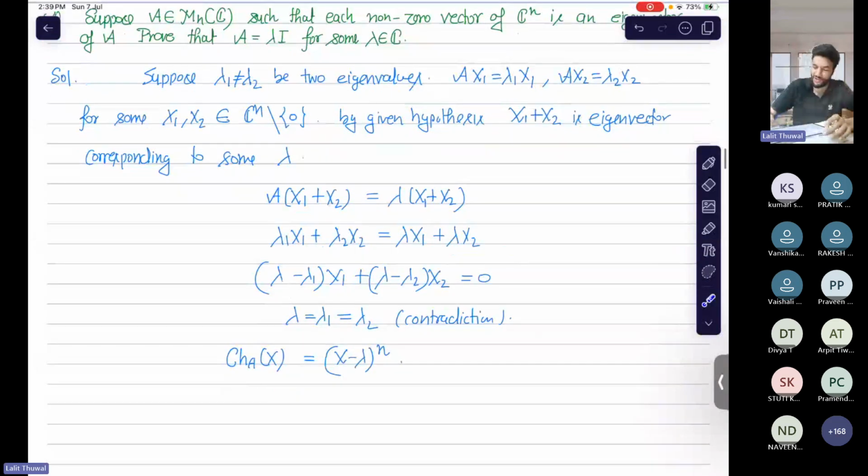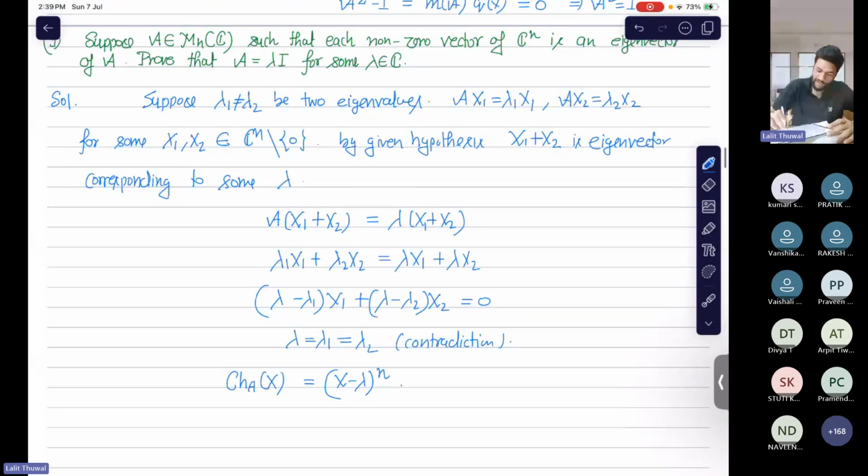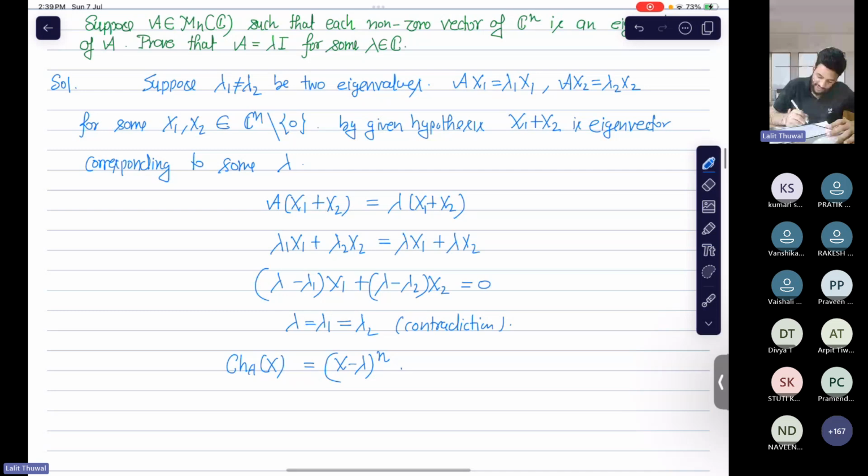Yeah, okay. So what we have given? Given is that every non-zero vector is an eigenvector. So A has n linearly independent eigenvectors, right?